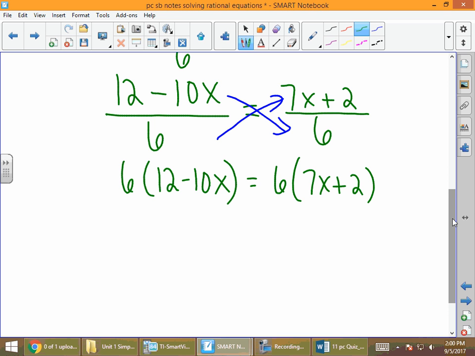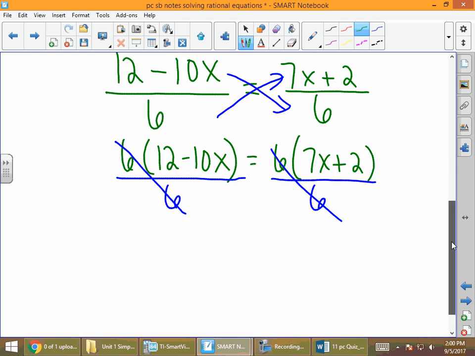Now, as we take an even closer look here, we can make our lives a little bit simpler. Because what if we divide this side by 6 and we divide this side by 6? What happens to the 6's? They cancel out. We don't even have to distribute, though you could have distributed.